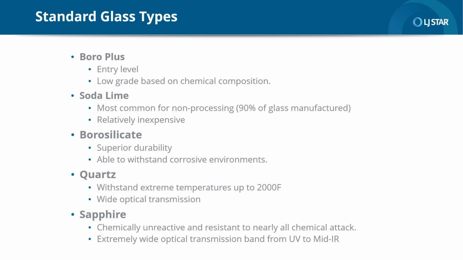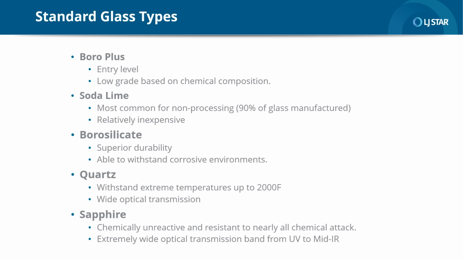Also, it's got good chemical resistance, not as good as sapphire, but good. And it's got a wide optical transmission band, which is really the other area that we use it for because it can allow UV and mid-IR to pass through the glass relatively easily. So for us, the two main reasons are going to be temperature and optical transmission when we go to quartz.